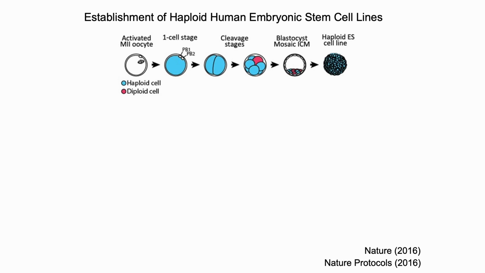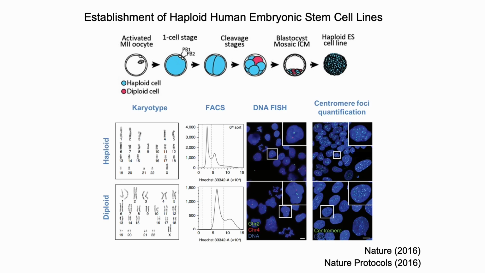So several years ago, we started from a haploid egg, and we activated that. The egg will not make more eggs, but it will divide and differentiate into an early embryo. Amazingly, at the beginning, it's dividing and proliferating as haploid cells. Later on, some of the cells will become diploid.